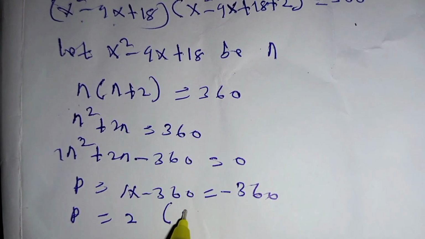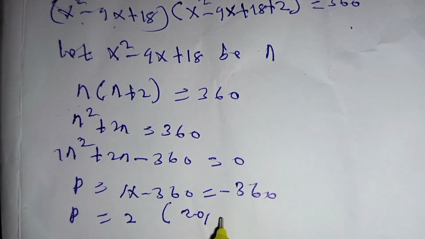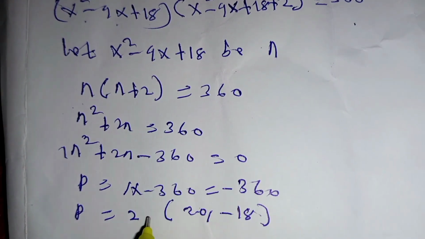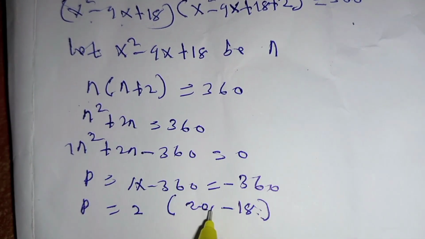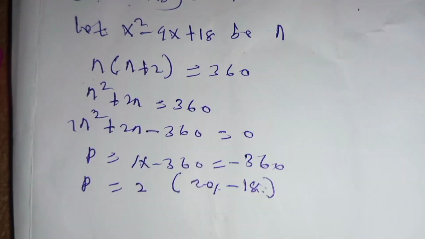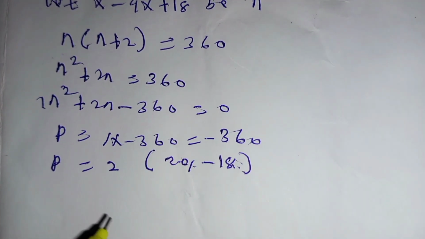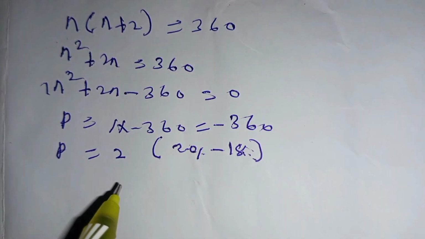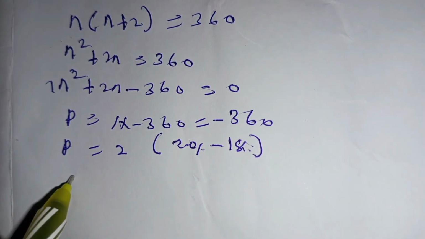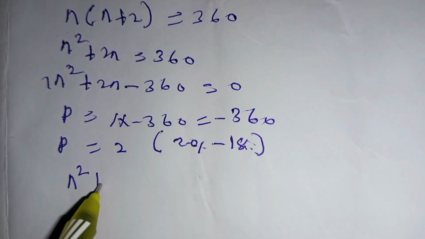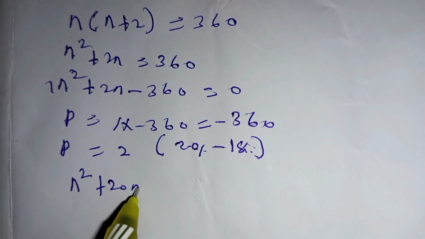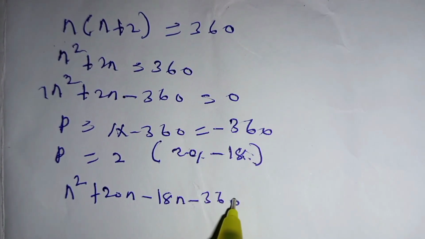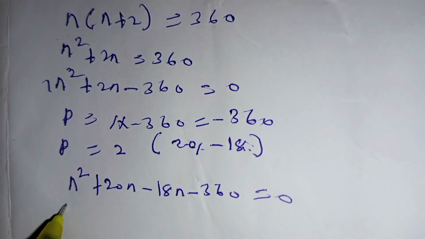The two numbers that multiply to give negative 360 and add to give 2 are 20 and negative 18. 20 plus negative 18 is 2, and 20 times negative 18 is negative 360. So we shall have n squared plus 20n minus 18n minus 360 is equal to 0.